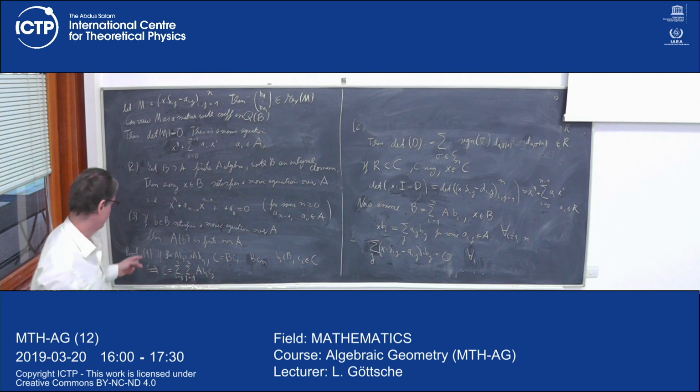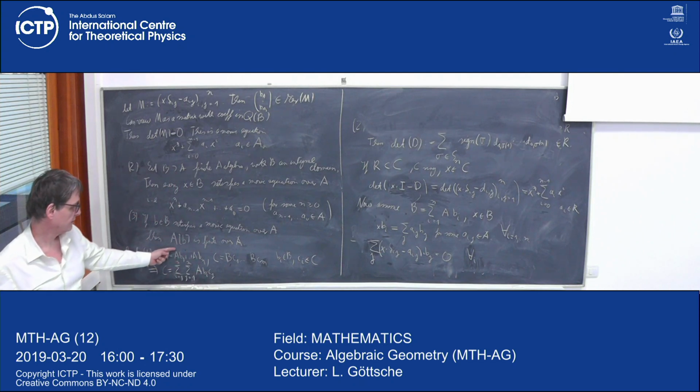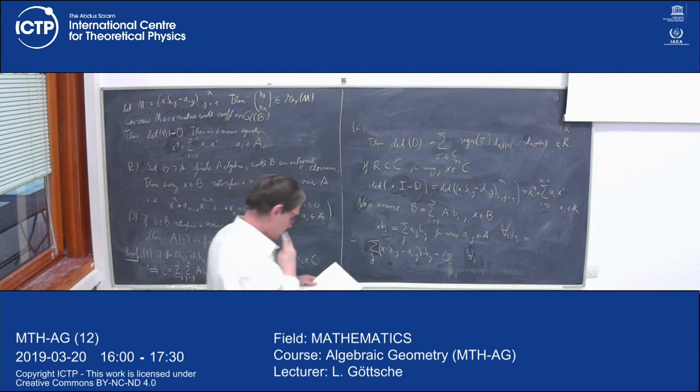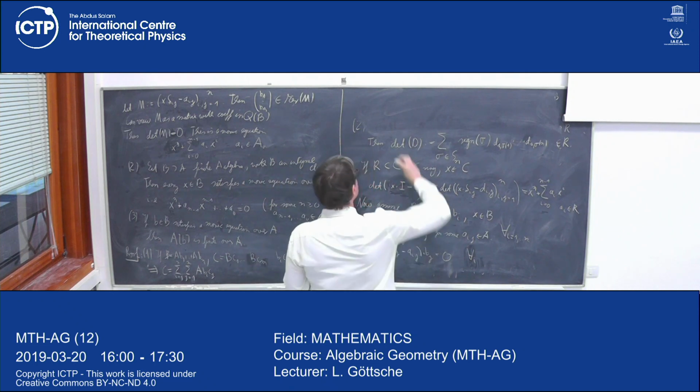So here it is: if b satisfies a monic equation, then this is finite. Namely, I think it's just clear.